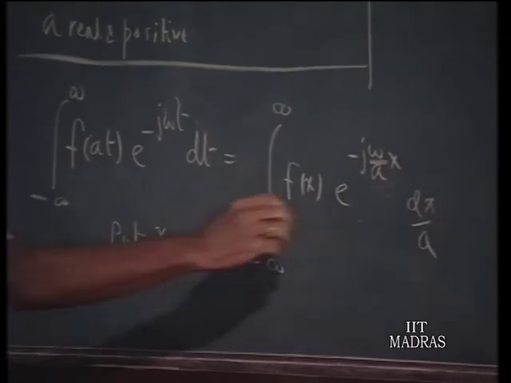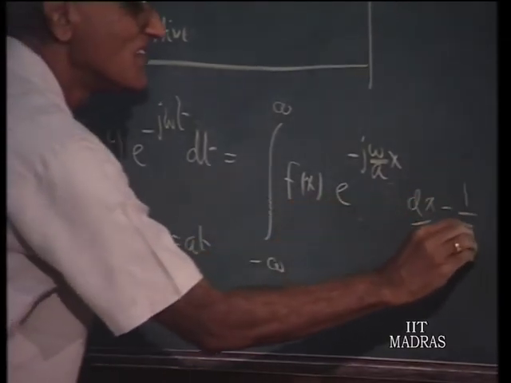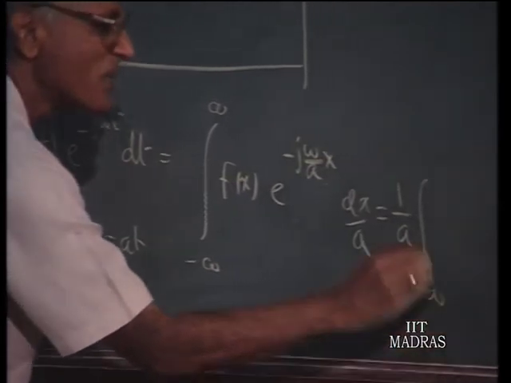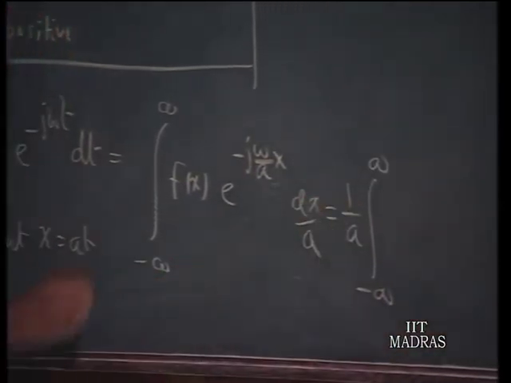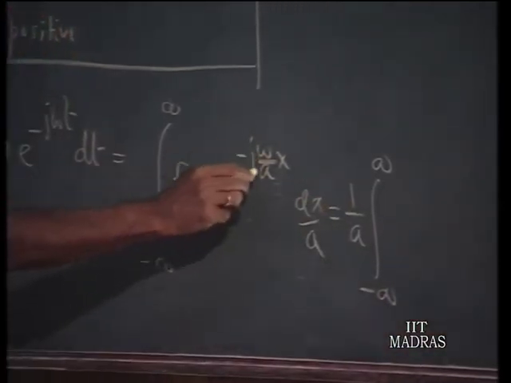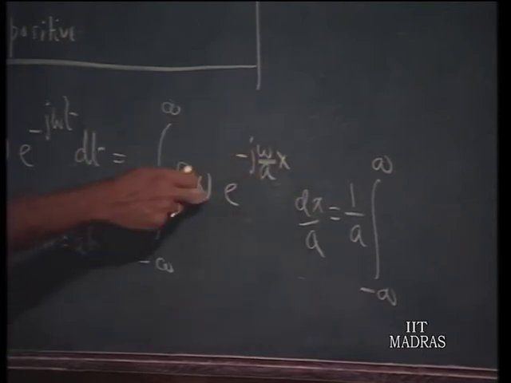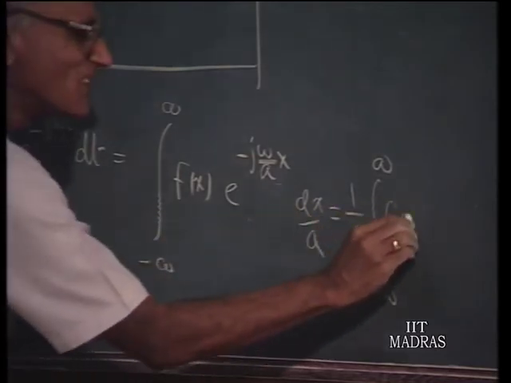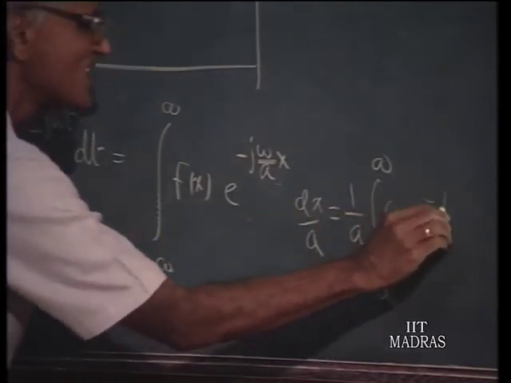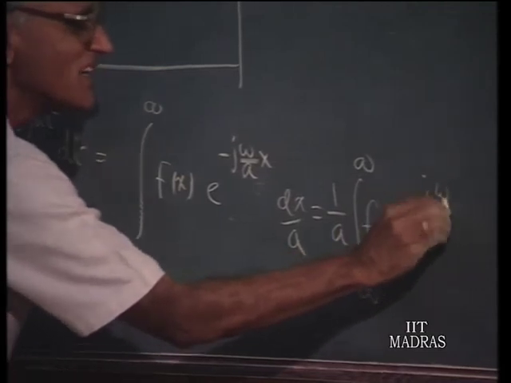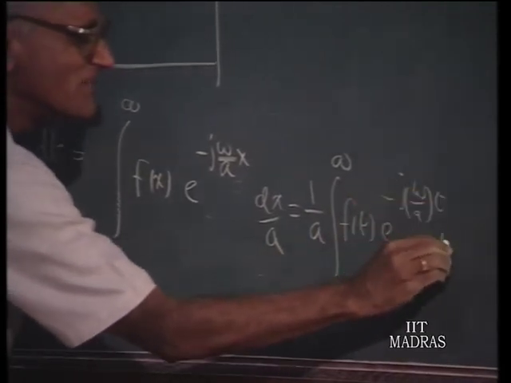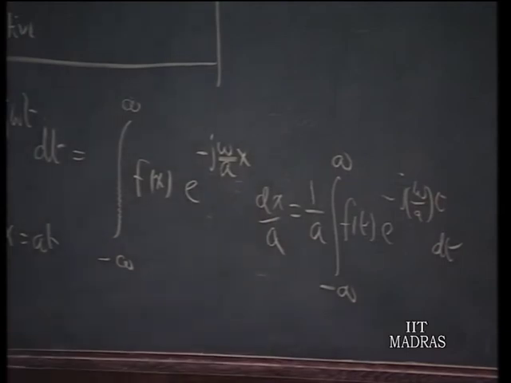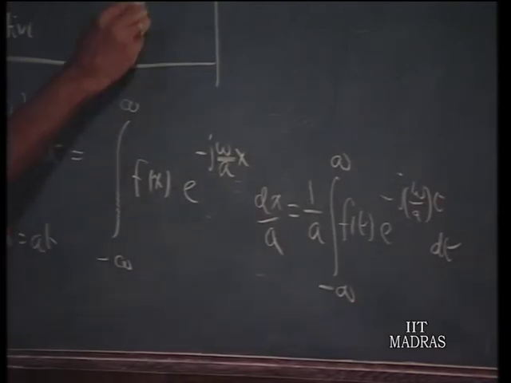So, this is obviously 1 over a times the integral from minus infinity to plus infinity of f of x e to the power of minus j omega by a times x dx. And since x is a dummy variable of integration, I can as well replace it by t. This will be f of t e to the power of minus j omega by a times t dt.